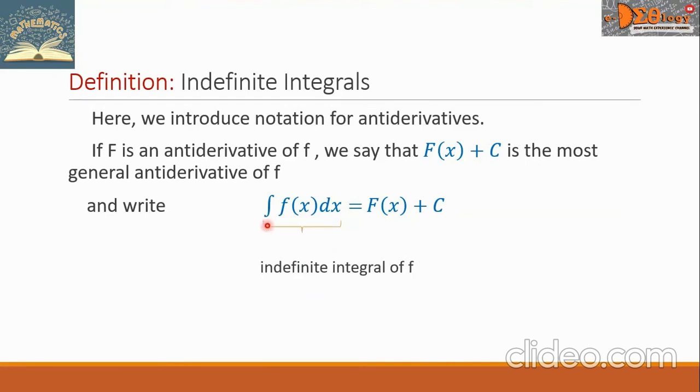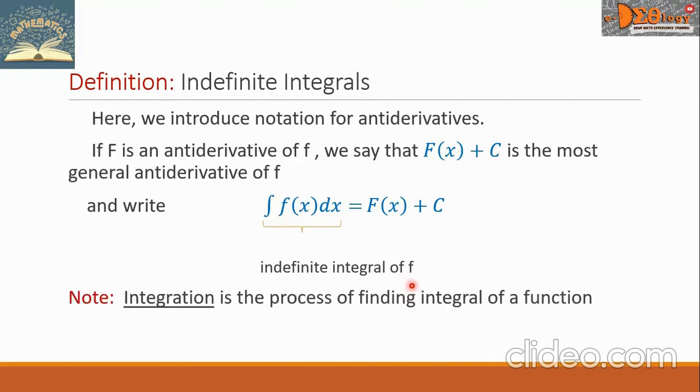The expression integral of f of x dx is what we call now indefinite integral of the function f. Note that integration is the process of finding integral of a function. Thus, it is the reverse of differentiation.